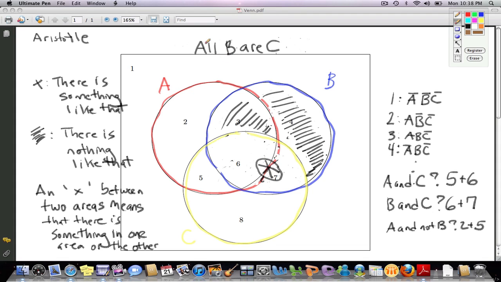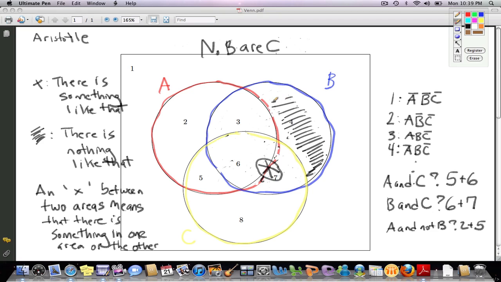Okay, so let's take a look at a no claim for Aristotle. Let's stick with the same one here: no B are C. How are you going to diagram that in its main meaning? Since we have a universal claim, what does it say we can't have?